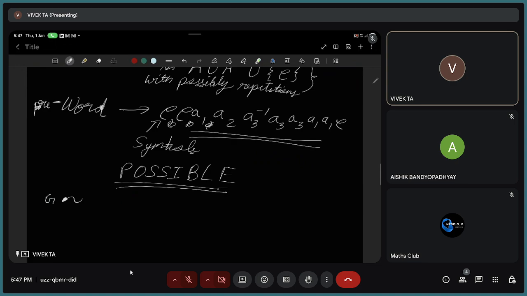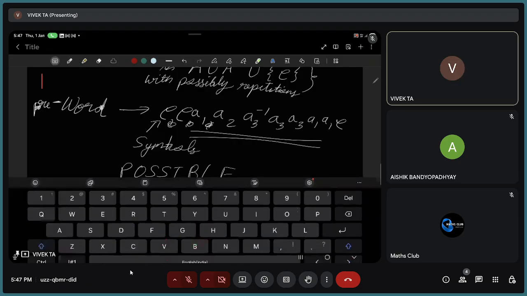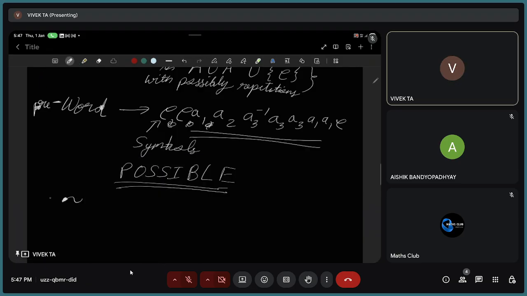Let's say I denote one word as M. A word M is a concatenation of letters, so A1, A3, A2, A5, something like this. M1 is related to M2 if either of the following are true.